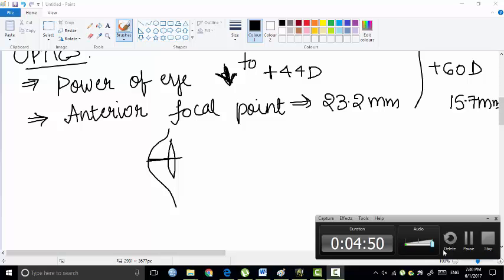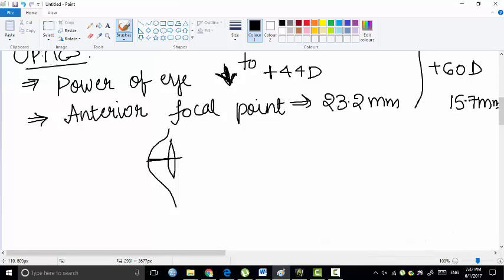Just a minute. So here is the anterior focal point, this is the cornea. There is a focal point which is the anterior focal point, which is generally 15.7 millimeters in length, but here it becomes 23.3 millimeters from the cornea in aphakia.